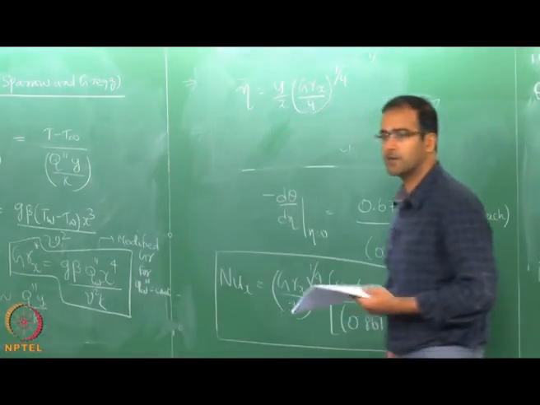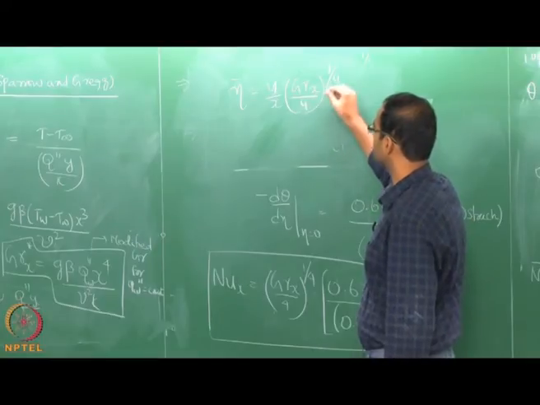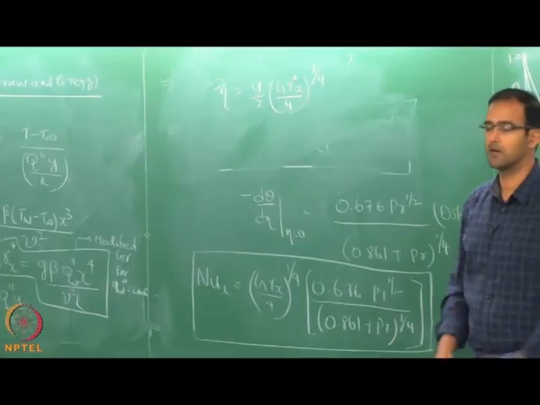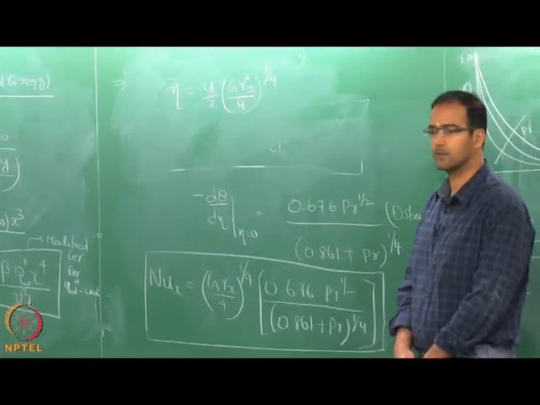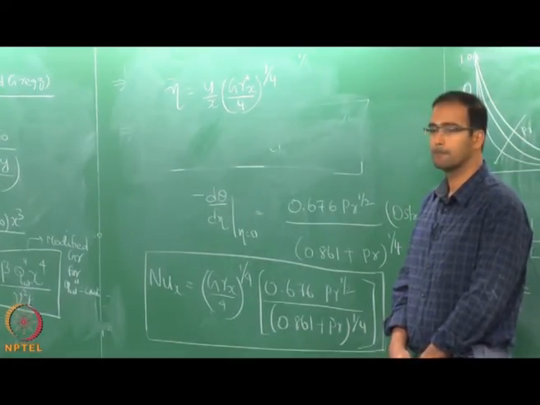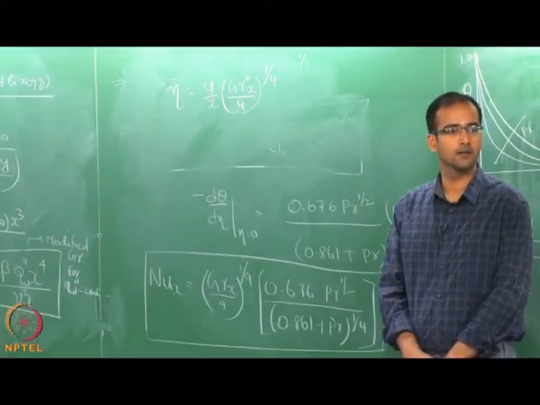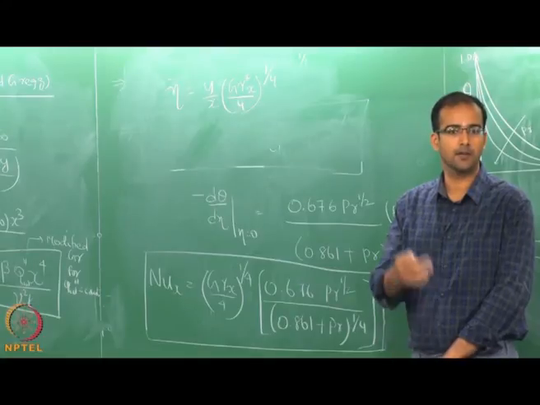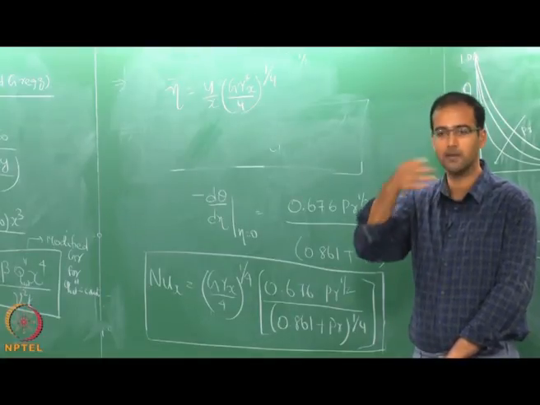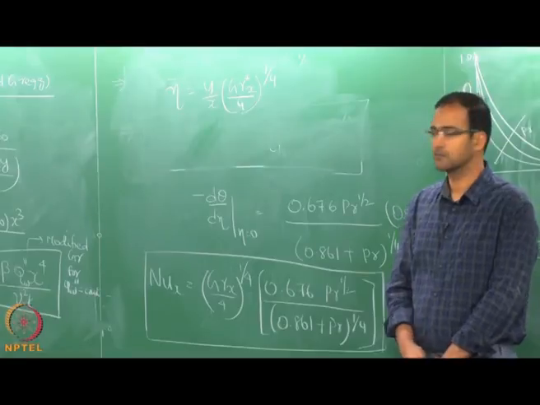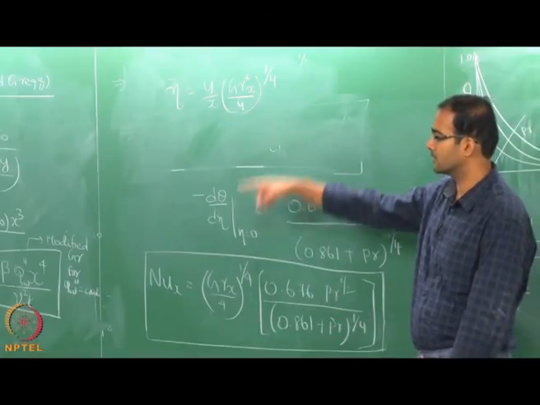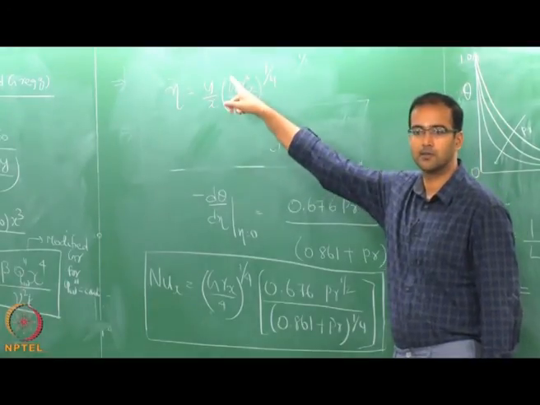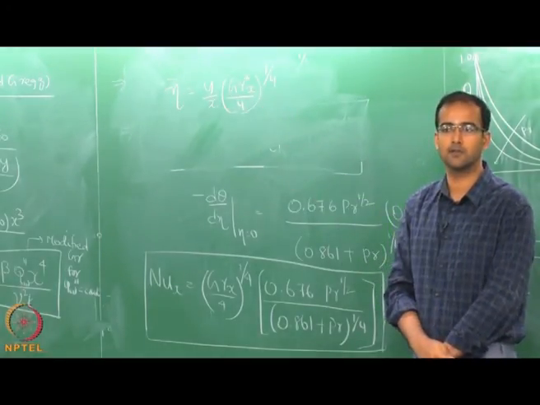Now, if you simply replace this normal Grashof number with Grashof number star, what happens to the similarity variable? It becomes a constant times y. So, you will not find the correct similarity variable because there will not be any function of x. Your Grashof number star is x power 4, so x power 4 to the 1 by 4 is x, and x cancels. You will have a similarity variable which is only a function of y, which is not possible.